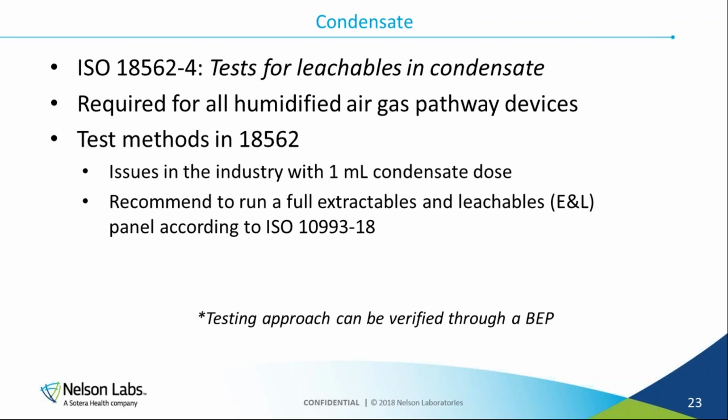Because it's difficult to correlate and create a 1 ml condensate to simulate that in laboratory testing, and then that 1 milliliter isn't enough fluid to run the appropriate tests that have been asked for in 18562. So there's just some discord with what's recommended and what can actually be performed in the laboratory. And so what we've done is recommend this full panel E&L, and that has been accepted.